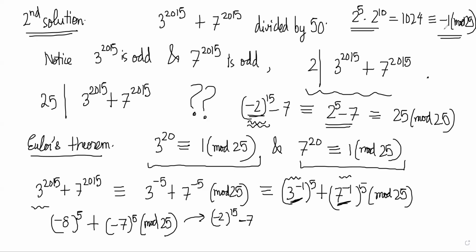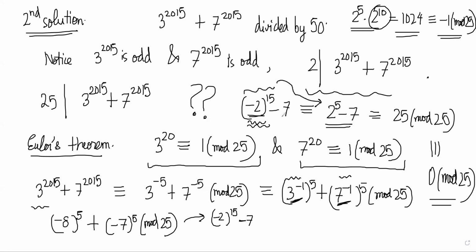So therefore, this is all minus 1 and minus 1. So minus 2 power 5 you're getting. And therefore, the minus sign goes away. So this becomes 0 mod 25 again. It follows because I know 2 power 10 is 1024 and this is minus 1 mod 25. So therefore, this can be simplified like this. So that is another way, but this one uses Euler's theorem.